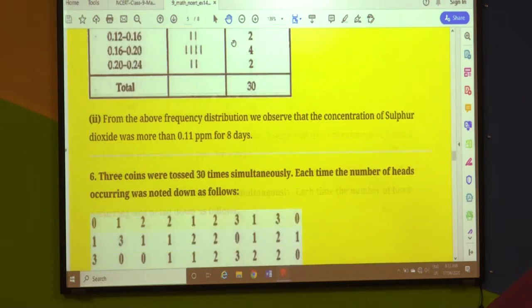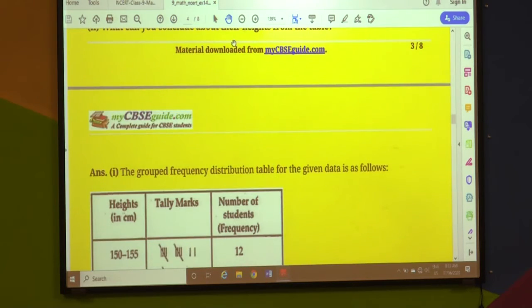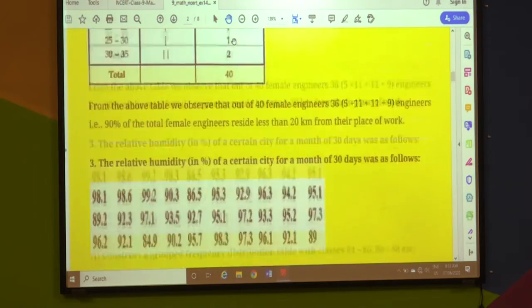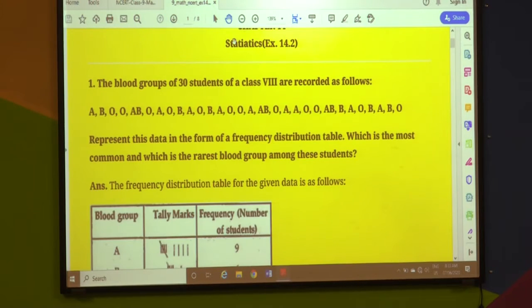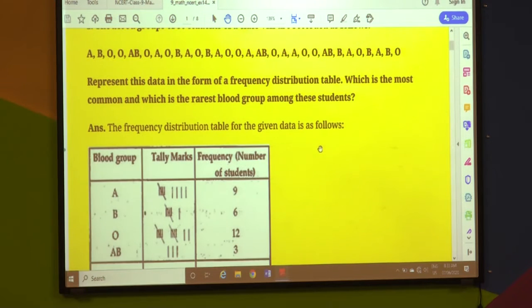Here you can see, I am just scrolling down. Yes, you can see the same question here. Blood groups A, B, O, AB as I had mentioned before this.